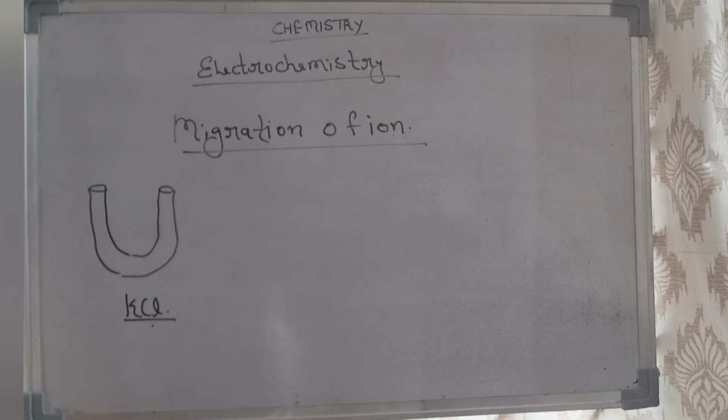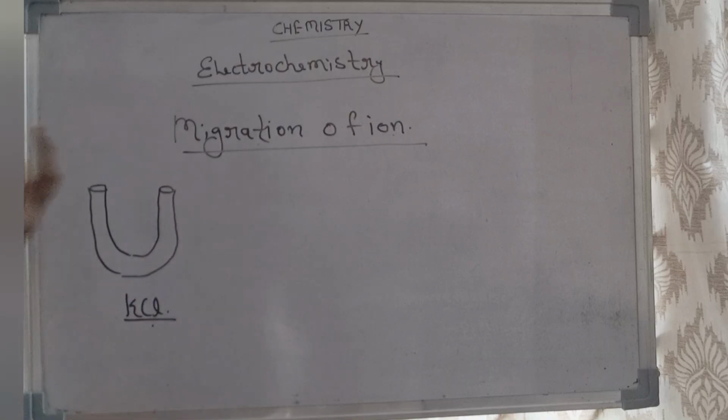It will completely dissociate into the moles which you have taken as the measurement. So if you take 50 moles of KCl, it will give you 50 moles of K positive and Cl negative as you move forward in the experiment.